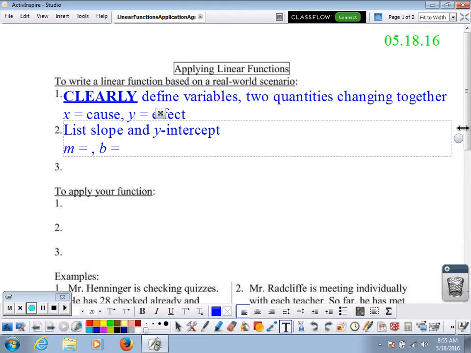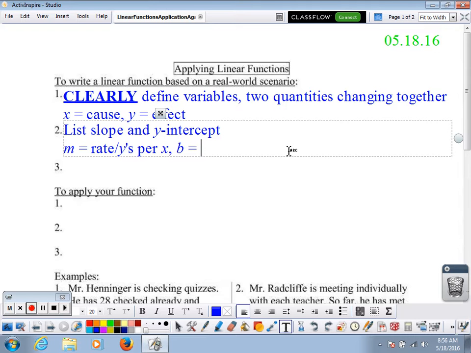What I'm looking for is a rate. I'm looking for y's per x. Okay, always y's per x. That's why I have to define my x and y first. If I define x and y first, I can find my slope. I just look for a place in the story where they say y's per x. Okay, so if we look at the story and it's about someone working, and we determine that x is hours working and y is money earned, what I'm looking for is dollars per hour, y's per x.